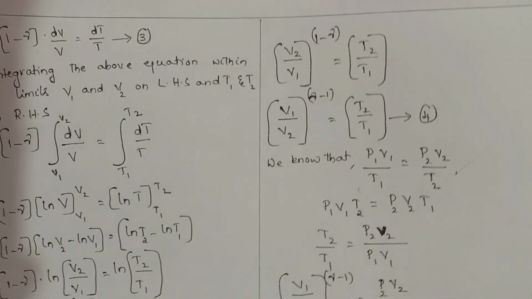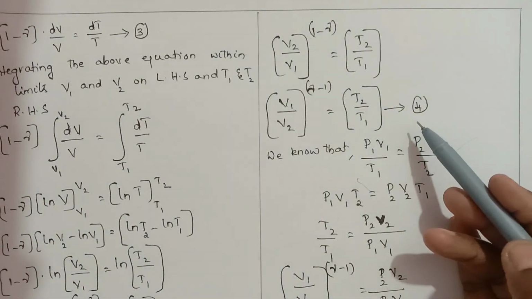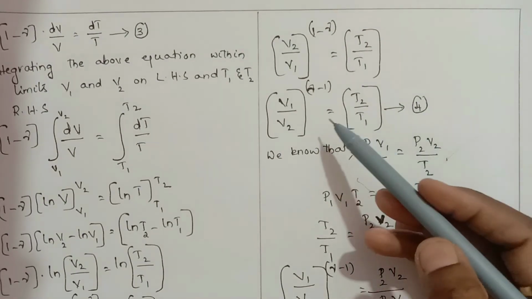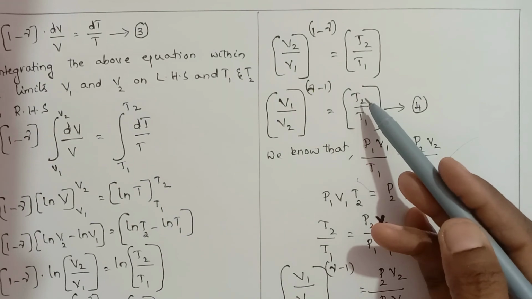Now one more is there: TV to the power gamma minus 1 is equal to constant. Suppose you are asked the question, show TV to the power gamma minus 1 is equal to constant in an adiabatic process. What are you supposed to do? You should write the derivation till equation 4, and after that you can directly do the cross multiplication.